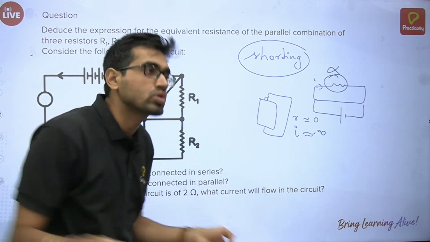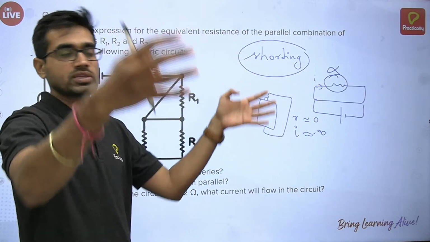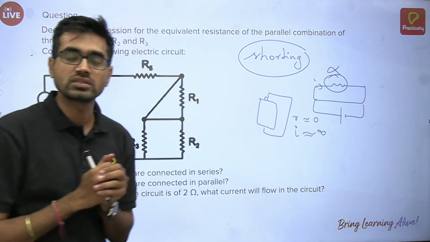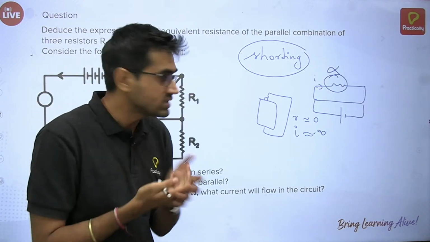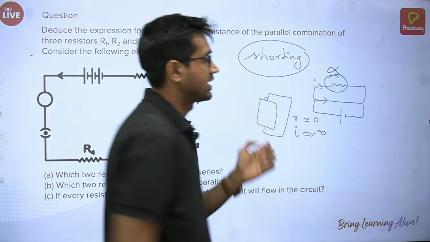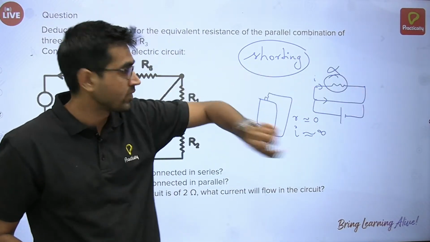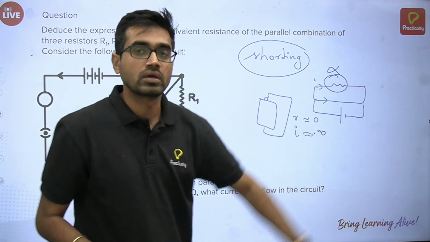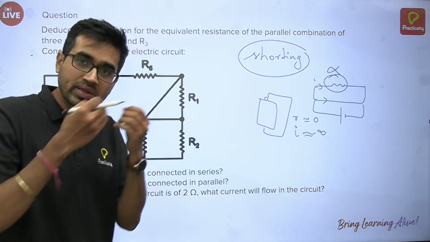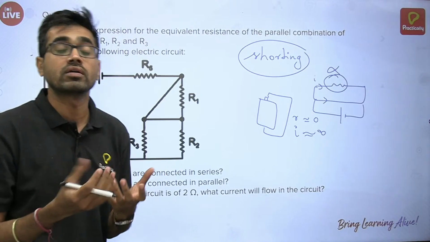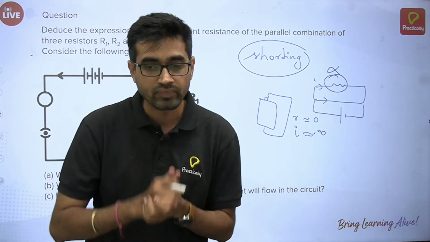Obviously, you will always go through the big highway because it's very spacious and a lot of space is available for you to drive through. Hence the current also takes the short path. It doesn't take the resistance path. So the resistance path is gone, and what is left is the short path. The resistor, even though it is present in the system, is irrelevant.